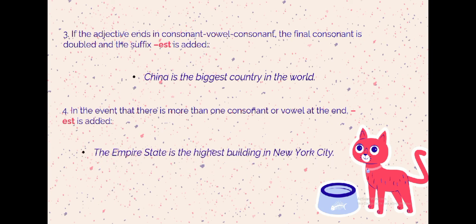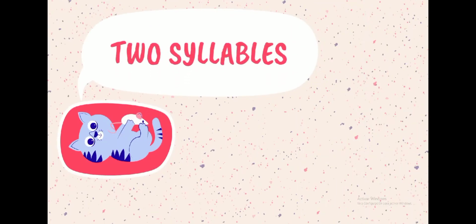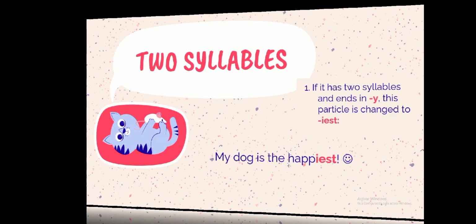4. In the event that there is more than one consonant at the end, est is added. Example, the Empire State is the tallest building in New York City. Two syllables. If it has 2 syllables and ends in Y, the Y is changed to iest. Example, my dog is the happiest. 2.